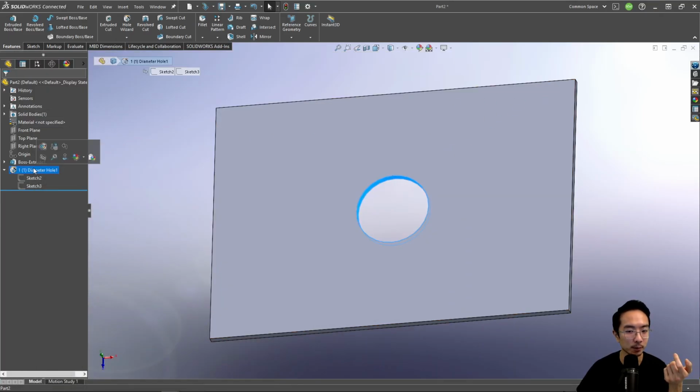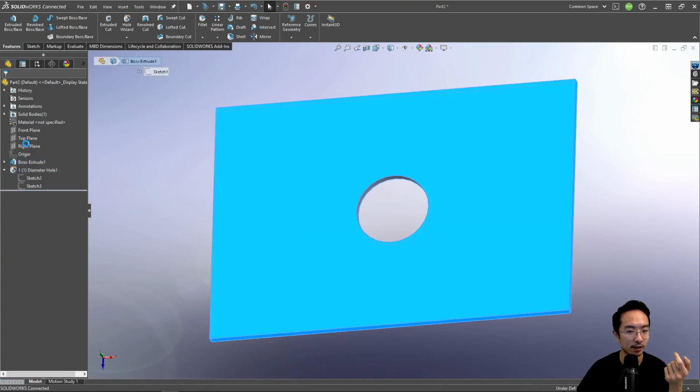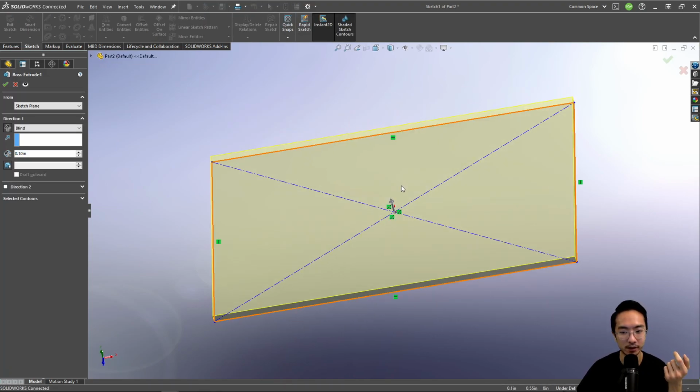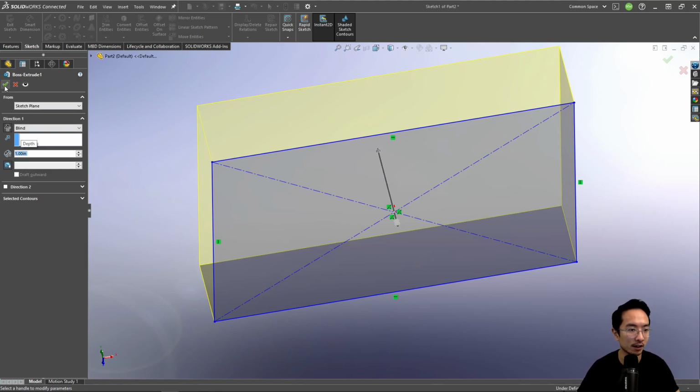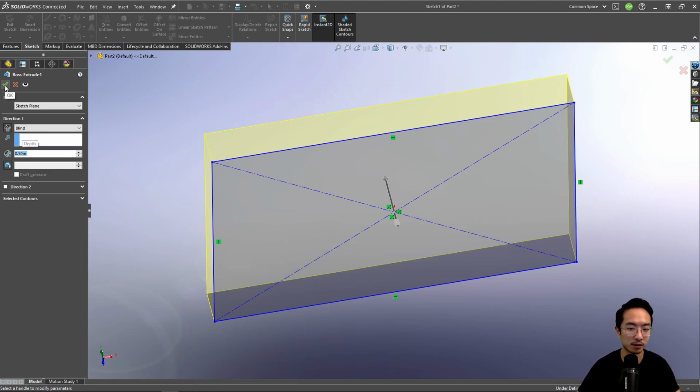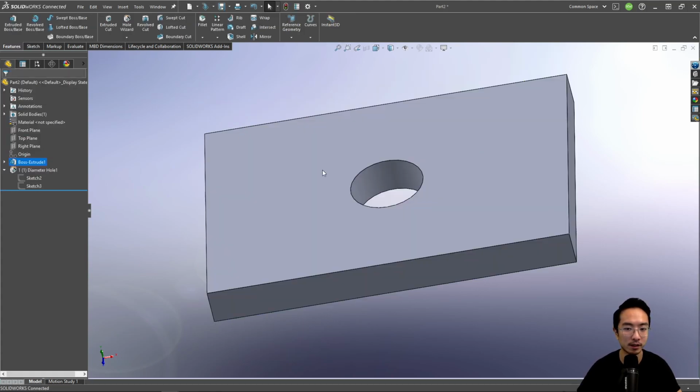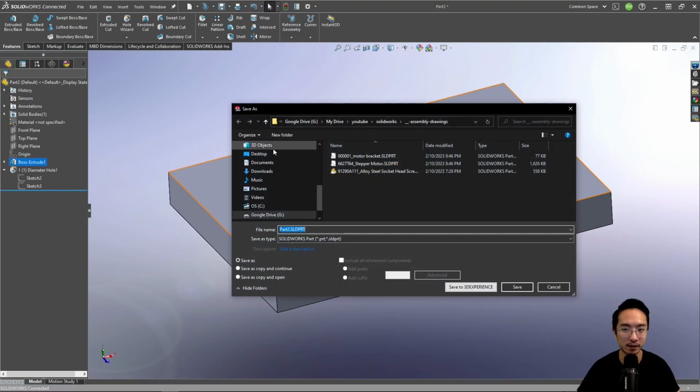In this case, my plate's a little bit thin. They usually recommend pressing a certain depth. If you want it to be stable, you might want to have 1 to 1.5 times the diameter of your shaft. There are different rules based on where you're from, but I'm just going to make this a 1/2 inch.